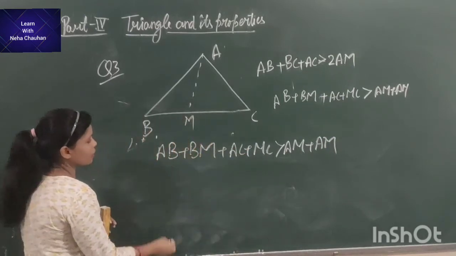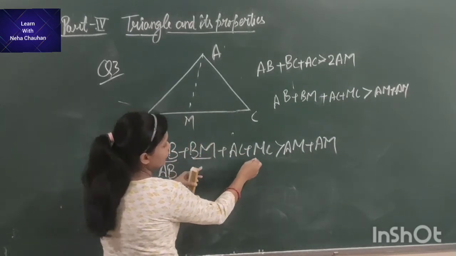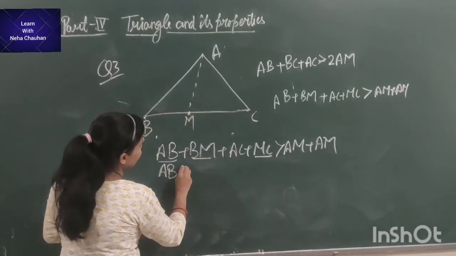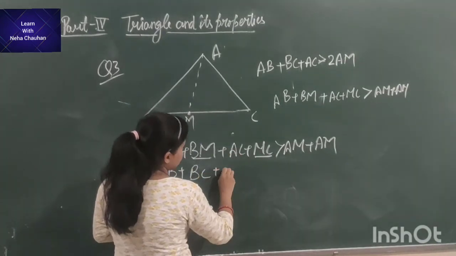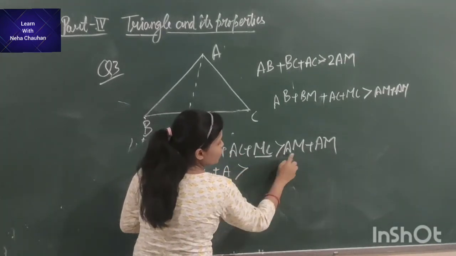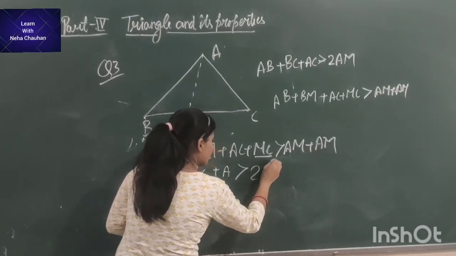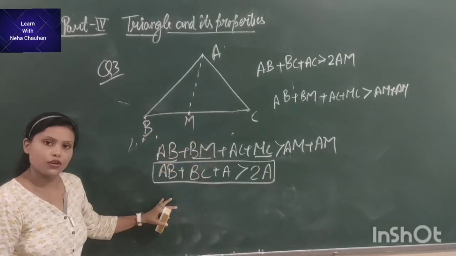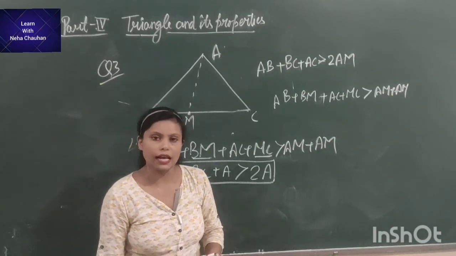Now, on adding, AB will remain the same, and BM plus MC will be equal to BC, and plus AC is greater than AM plus AM, that is 2AM. This proves that the given condition is true. Alright, the other questions of the exercise are the same.